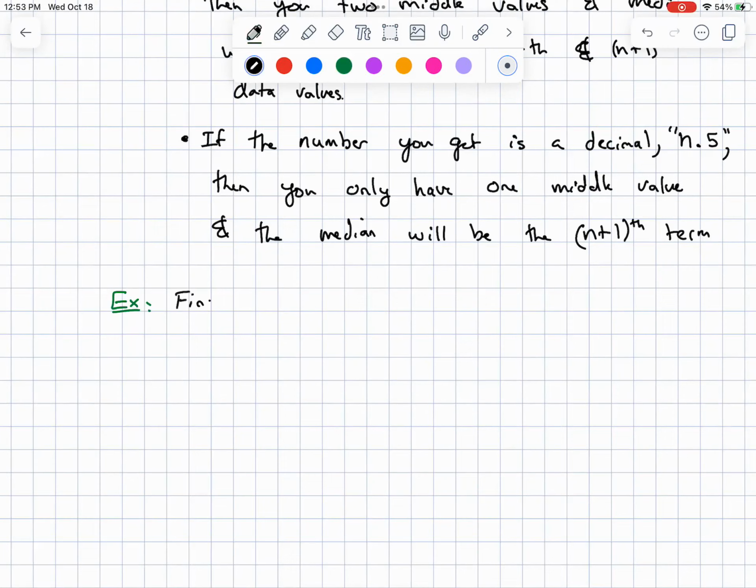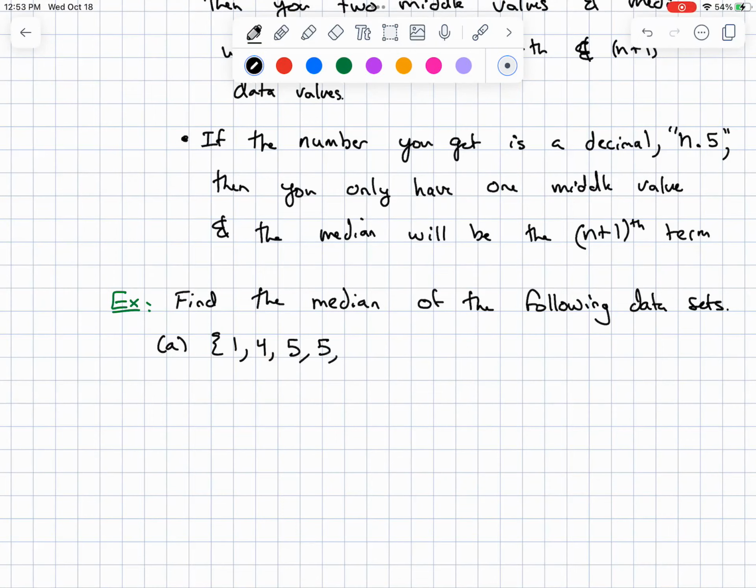Example. Find the median of the following data sets. Where A will be the set 1, 4, 5, 5, 7, 10, 33, and 41.